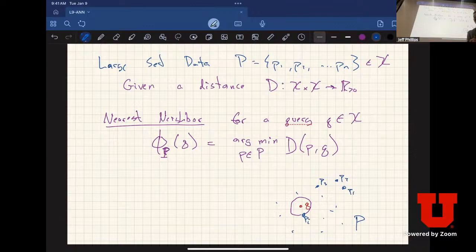So if I draw a metric ball, a distance ball around q, and grow it until it contains exactly one point, then that one point right here, p_i, is the nearest neighbor. So in this example, p_i is going to be phi of P of this query q.